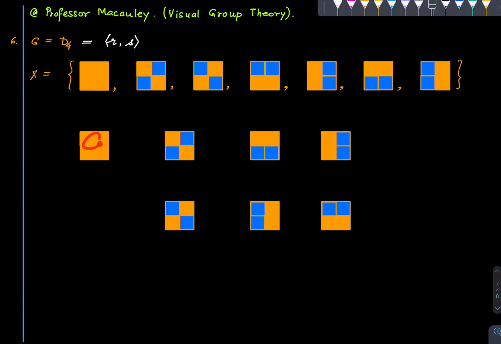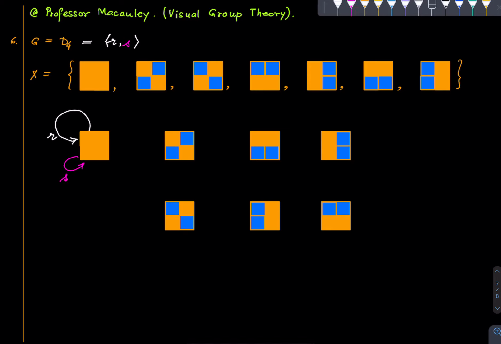Okay, so what happens if we physically rotate this guy by 90 degrees anti-clockwise? We get this thing back. So I will draw an arrow like this and write R here. And what happens if we reflect this thing about this axis? We get the same thing back. So I'll write that.